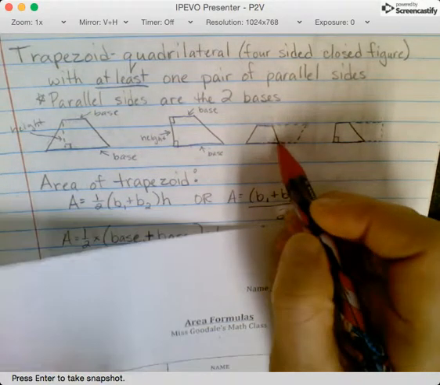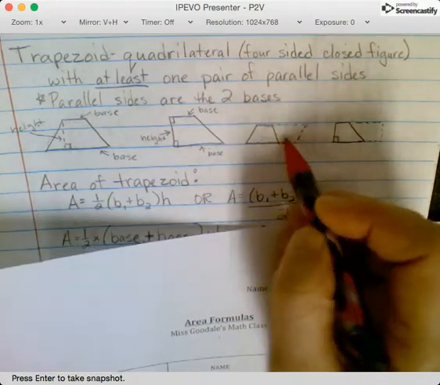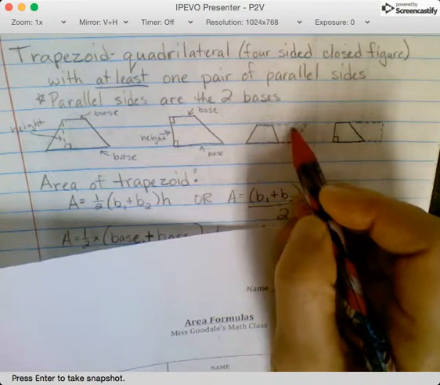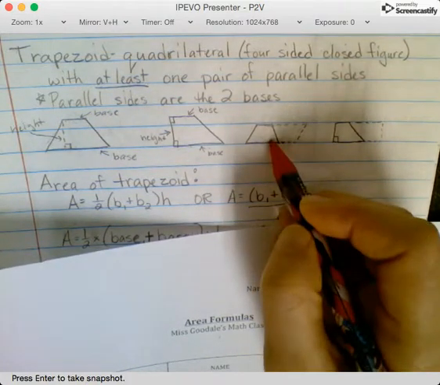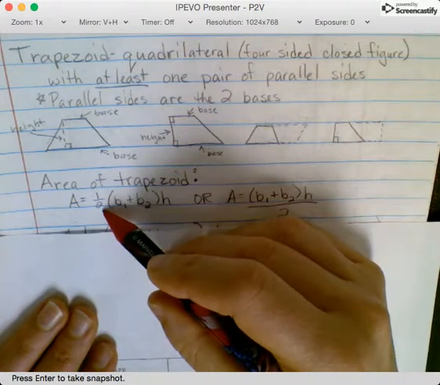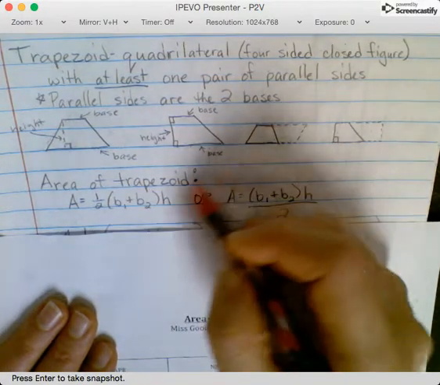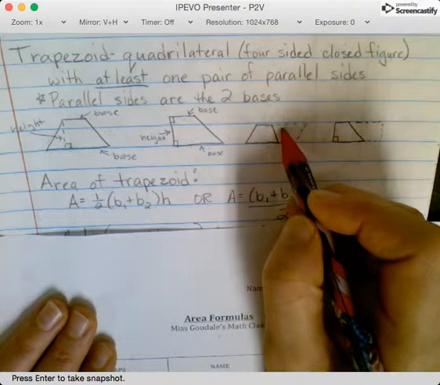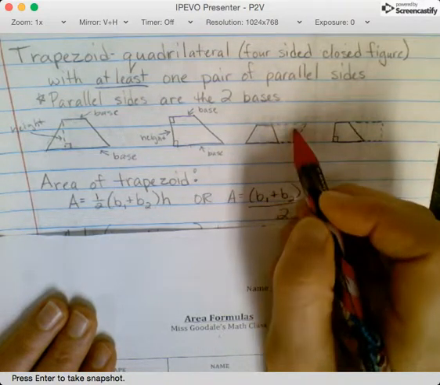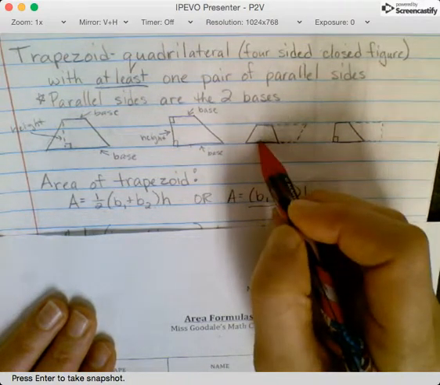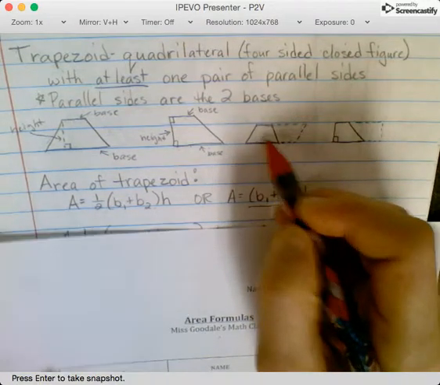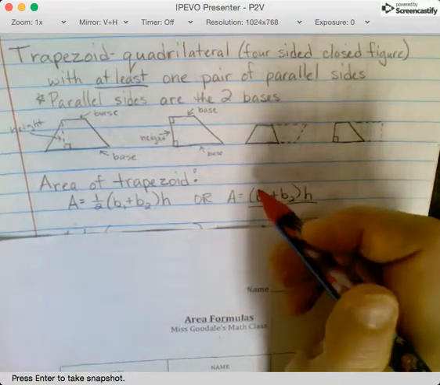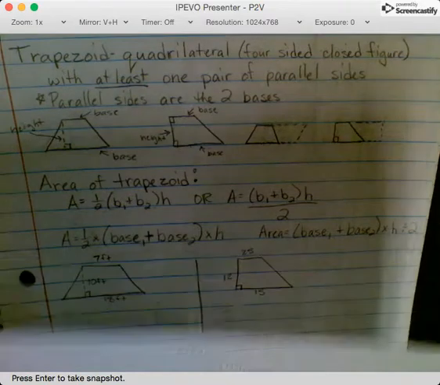Now, if we remember the way this started, though, we don't want this full shape, we want half of this shape, and that's why we divide by 2, okay? So when we add the two bases together, that makes it a parallelogram. When we divide it by 2, we get half of that parallelogram, which is back down to our trapezoid. Okay, so that's how those formulas work.